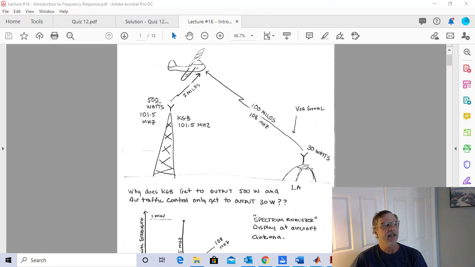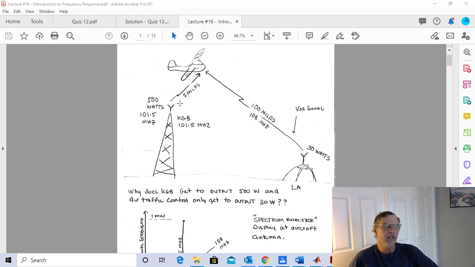And in the case of KGB, they want to be able to put out a signal that you can hear all the way from San Diego up to Fallbrook or Temecula, because the wider their coverage area, the more advertising they can sell and the more money they can get for it. And they know that cars are going to go down through valleys and under bridges and stuff like that.